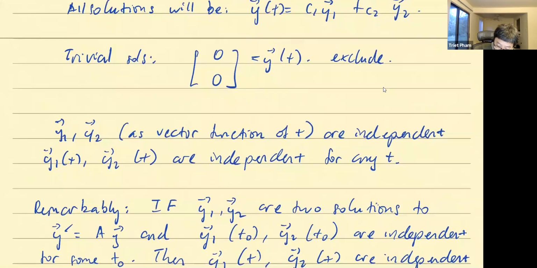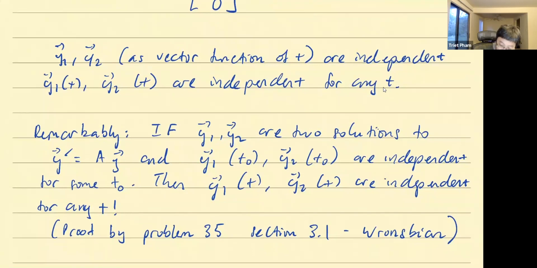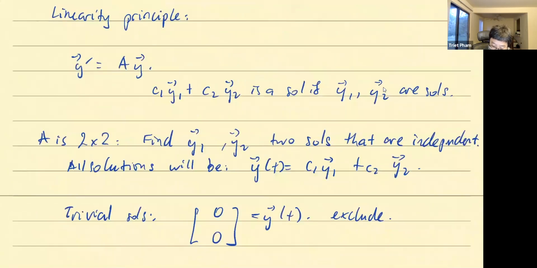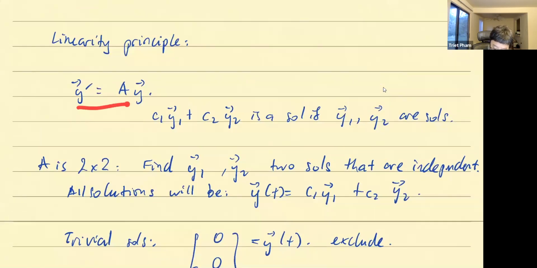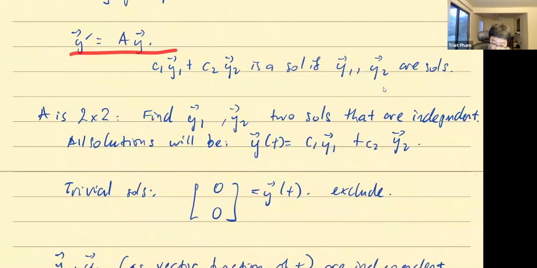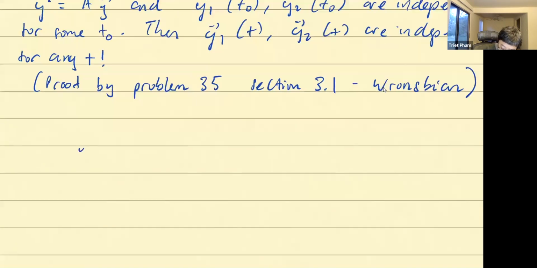The implication of this for us is this: when you deal with this system, most of the time in practice, you need to deal with an initial condition. So you need to deal with y prime equals Ay, and let's say y of 0 is given as some vector.